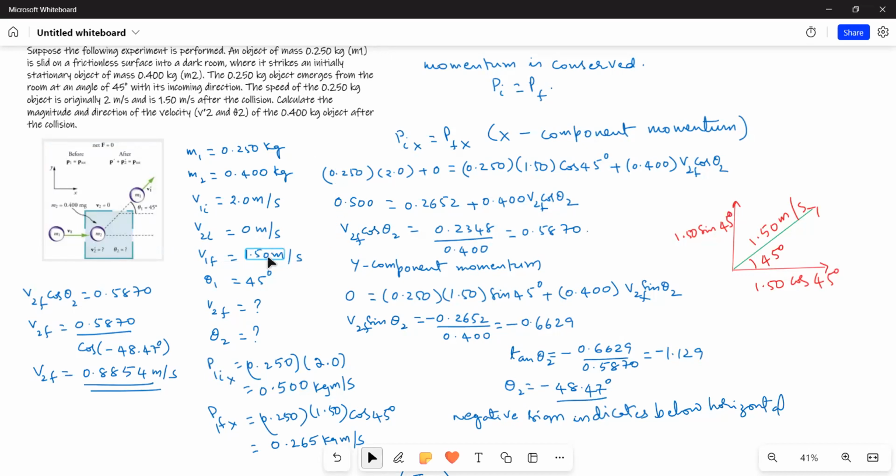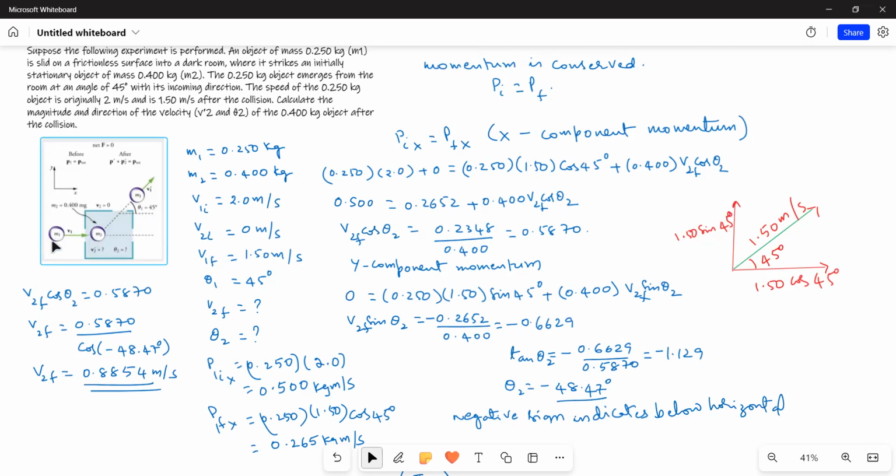According to the data, the mass of the first object is 0.25 kilograms, and it is moving with a velocity of 2 meters per second along the positive x direction. The mass of the second object is 0.4 kilograms, and it is at rest. After the collision, the first object moves with a velocity of 1.5 meters per second, making an angle of 45 degrees with its incoming direction.